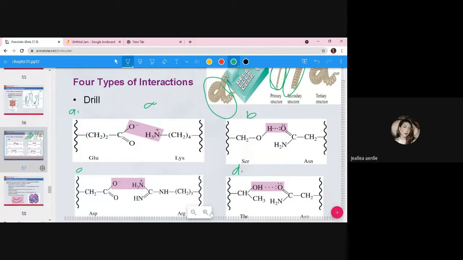Ma'am, okay, what's the interaction that occurs in letter A? Primary. It's a tertiary structure. Okay, tertiary structure na siya. Nara sa katong upat.